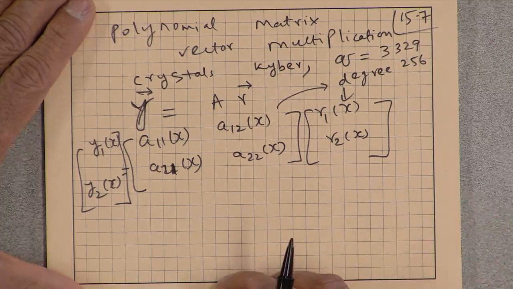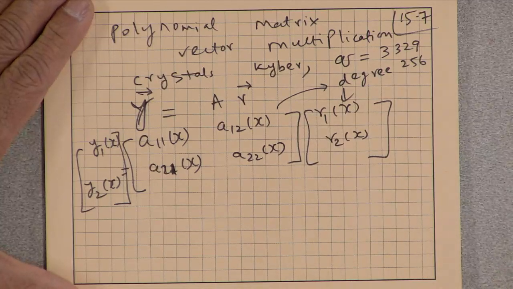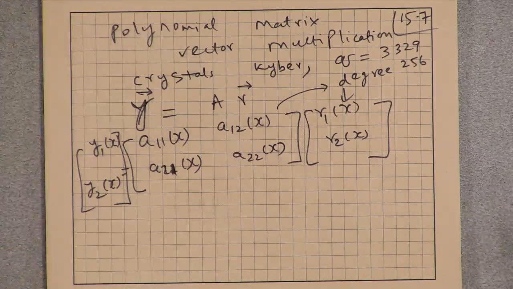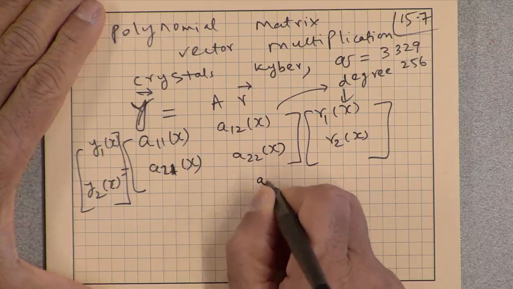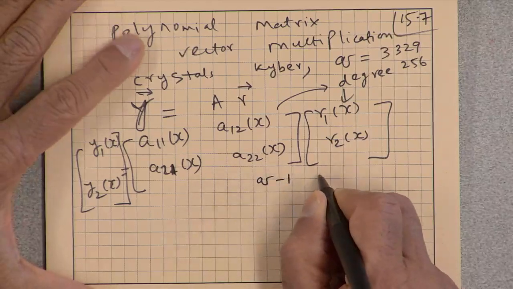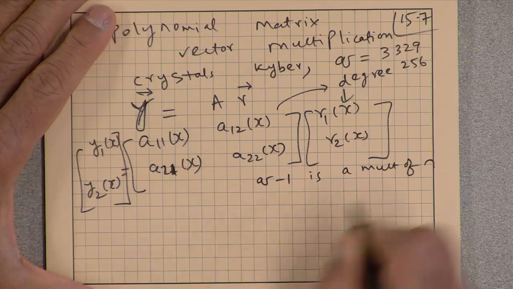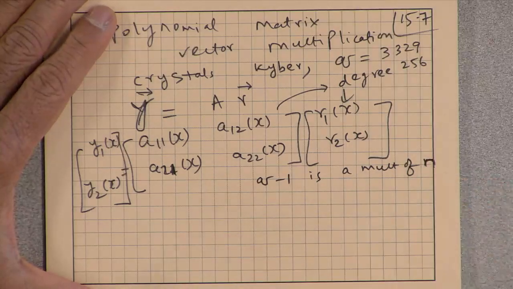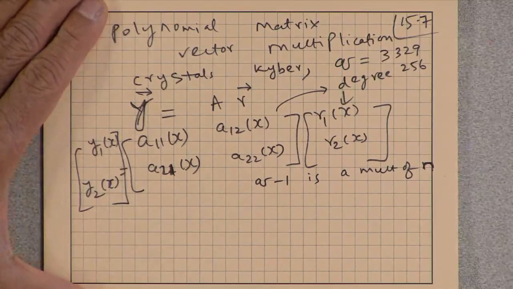If we were to implement using an NTT with twice the size, that would be okay. One of the constraints is that Q minus 1 is a multiple of n. I didn't talk about that, but that's one of the constraints for implementing a size n NTT.